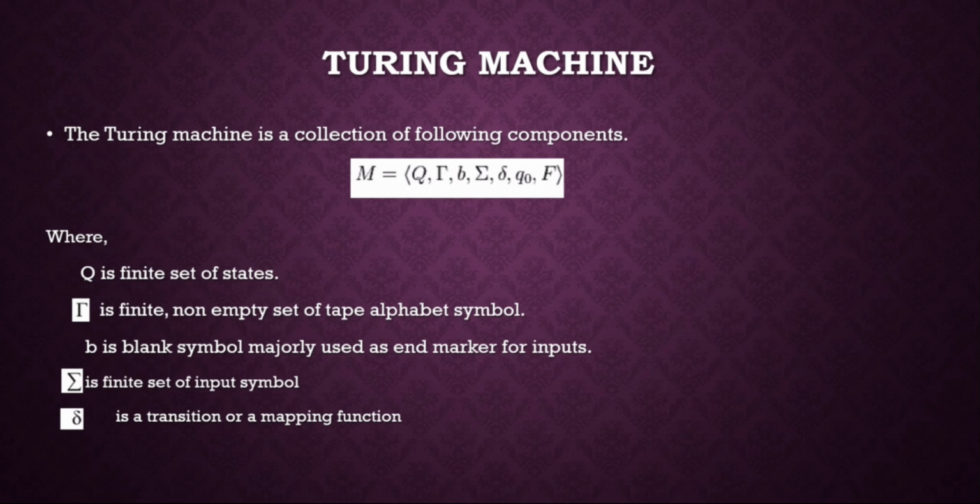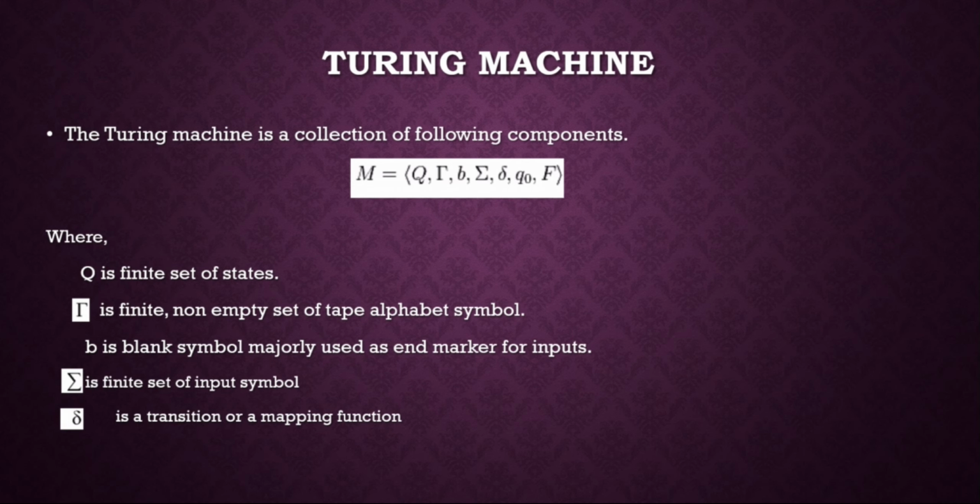And then next thing is the Turing machine. It consists of a set of tuples. Q is a finite set of states, where each state represents the configuration of the machine at any given time. Sigma is a finite non-empty set of tape alphabet symbols, which are the characters the machine can read and write on data.